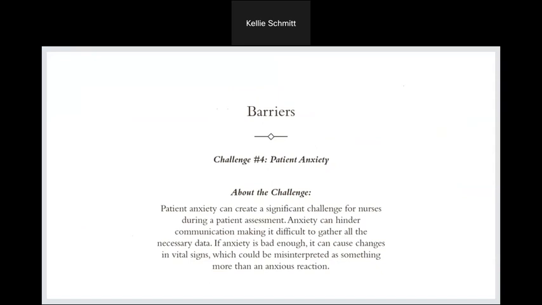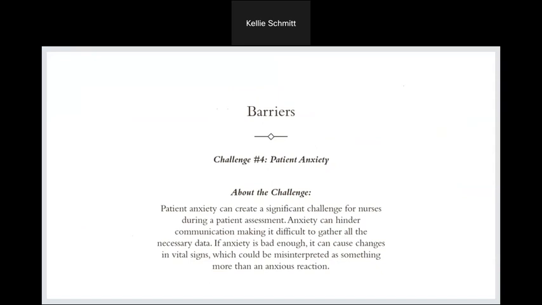So it's important for us to understand that a patient's apprehensiveness may be crucial. We need to remember that being sick and needing medical care can be frightening, not only to a teenager, but to a grown adult.